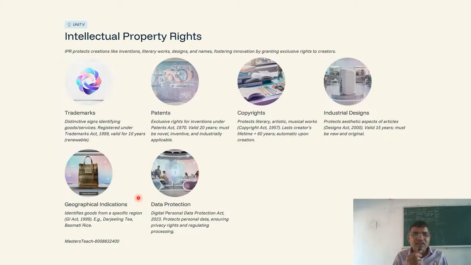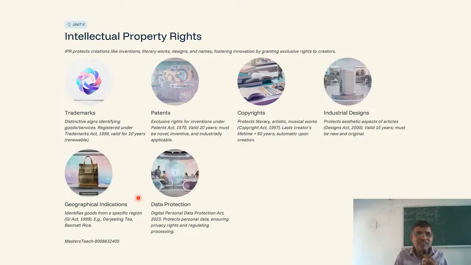Examples: Darjeeling tea, basmati rice, etc. And Telangana also has certain products. Then data protection: the Digital Personal Data Protection Act 2023 protects personal data, ensuring privacy and rights, and regulating the processing. So this is about intellectual property rights.